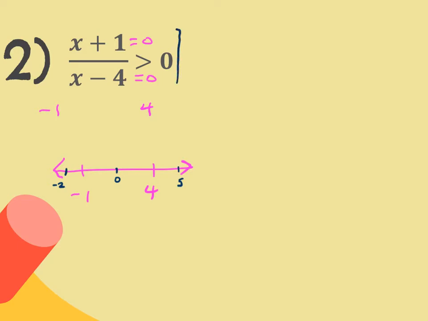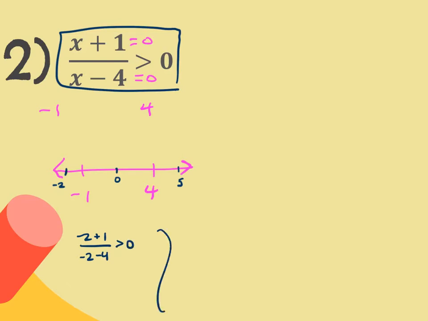And I'm plugging it back in here. So -2 plus 1 over -2 minus 4, greater than 0. 0 plus 1 over 0 minus 4, greater than 0. And 5 plus 1 over 5 minus 4, greater than 0. Let's see what works.